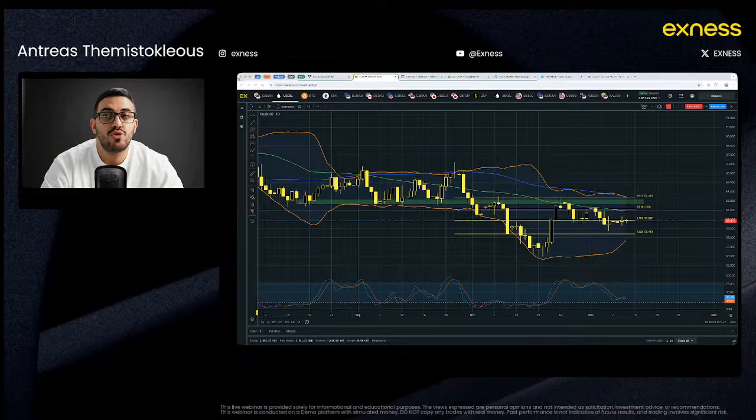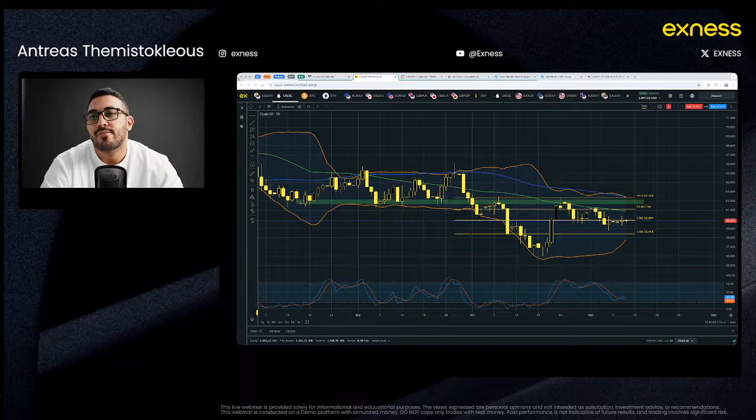But usually it tends to correct around the 38.2 and then retests the 23.6. So we have an aggressive trend, we draw our Fibonacci levels, we see a retest around the 38.2, and then usually it corrects to the upside.